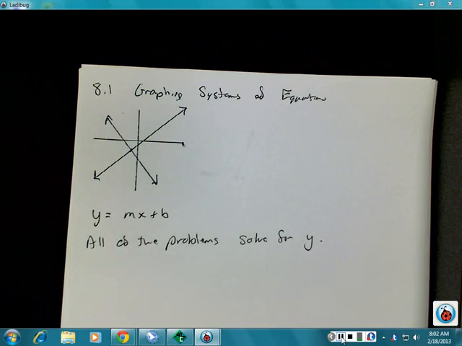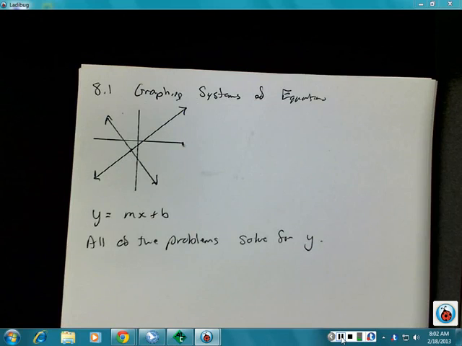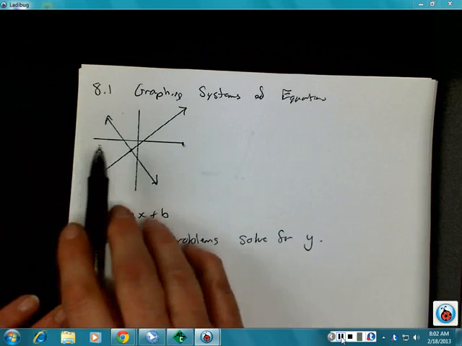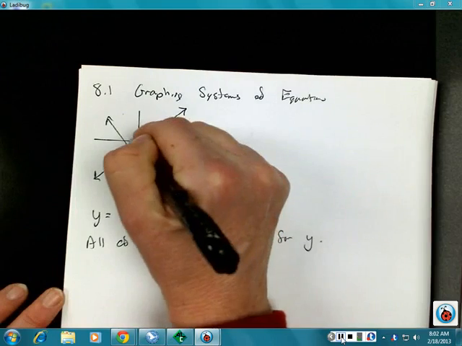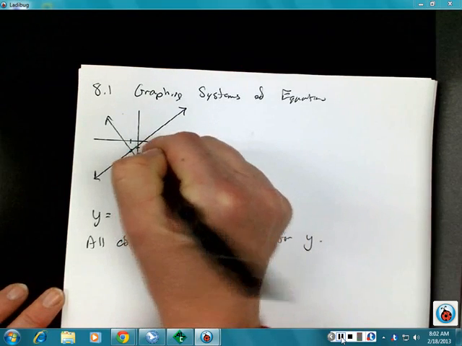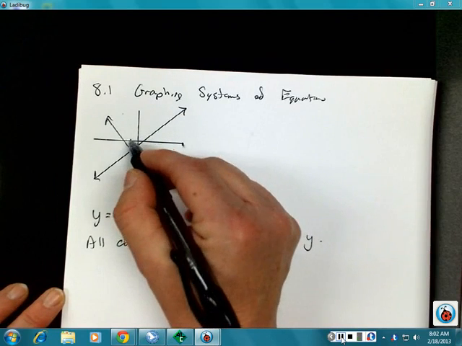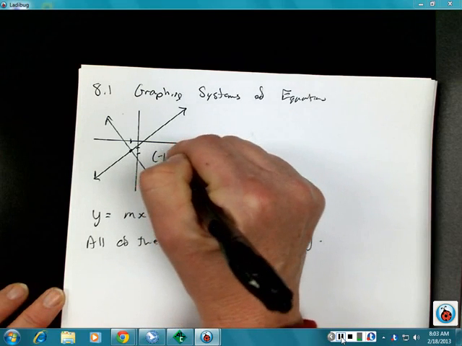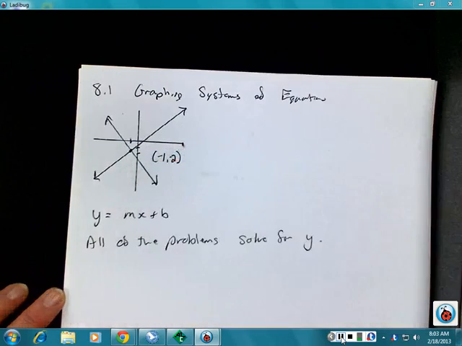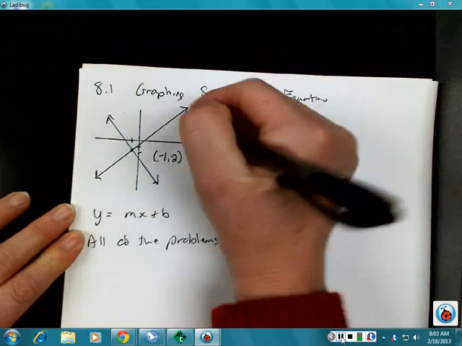So if they are crossing each other at this point, then we have to be aware of that, and that's the spot where they cross at. So in this case, if we are out -1 on the x value, and down 2, our point that this crosses at is -1, -2, and that is said to be the solution for that graph. So they'll cross at one point.